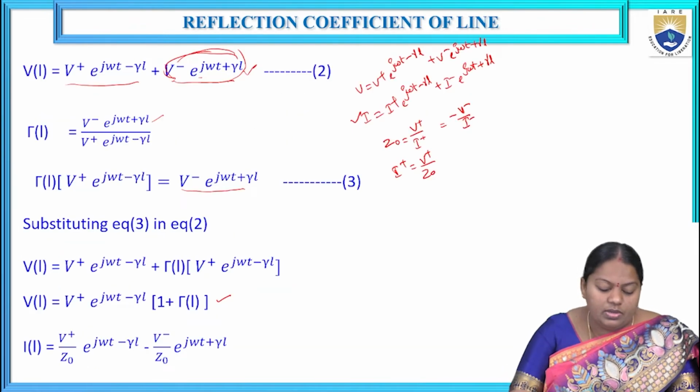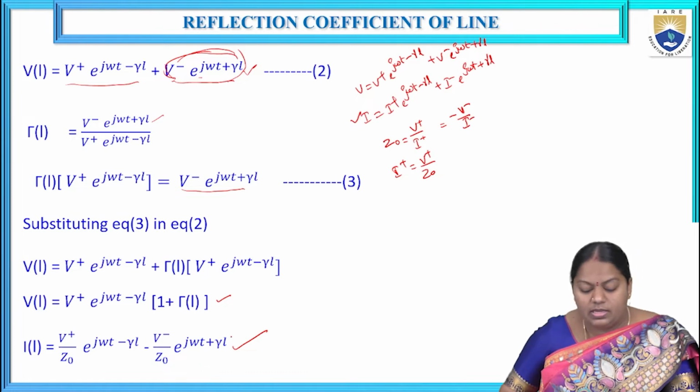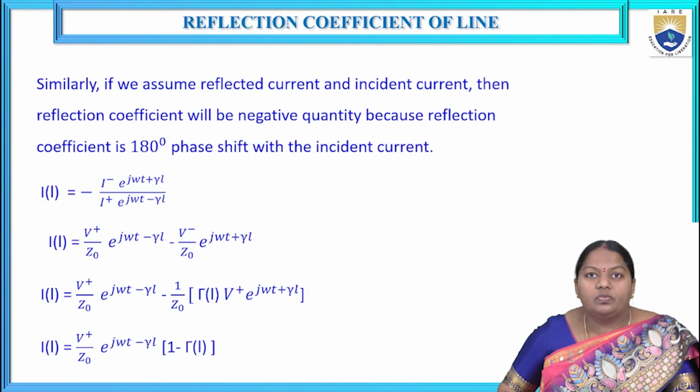Now, if we substitute I of L, from the previous analysis, I of L is nothing but V plus by Z0 into e power j omega t minus gamma L, minus V minus by Z0 into e power j omega t plus gamma L. Okay.